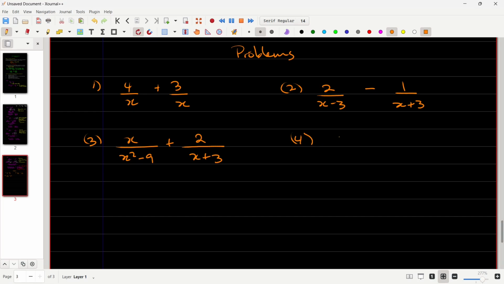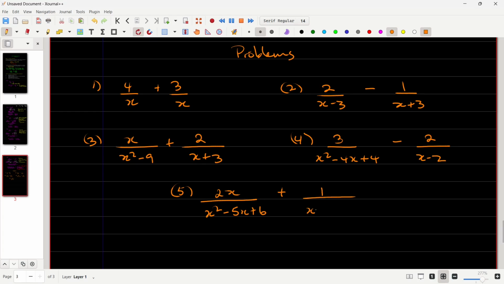Fourth one, 3 over x squared minus 4x plus 4, then minus 2 over x minus 2. And then the fifth one will be 2x over x squared minus 5x plus 6, adding to 1 over x squared minus x minus 6.